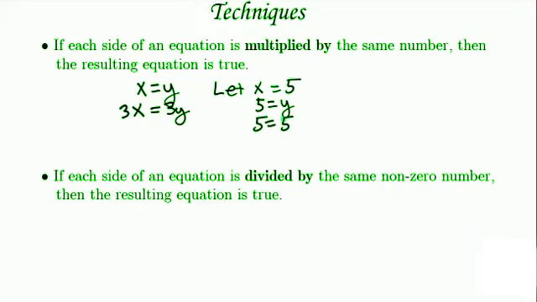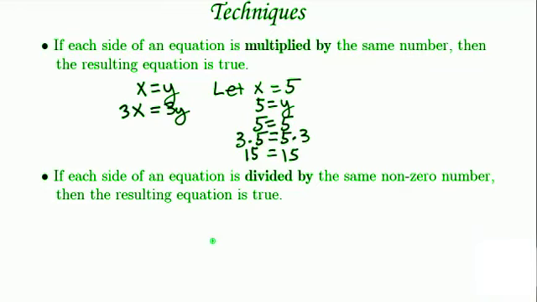And if I multiply both sides by the same thing, in this case 3, I get 3 times 5 equals 5 times 3, and that is 15. So if I have an equation, x equals y, and I multiply both sides by the same thing, the equation is still true. And looking at substituting numbers in, the original equation said 5 equals 5. If I multiply both sides by 3, the equation is still true, because 15 does equal 15.